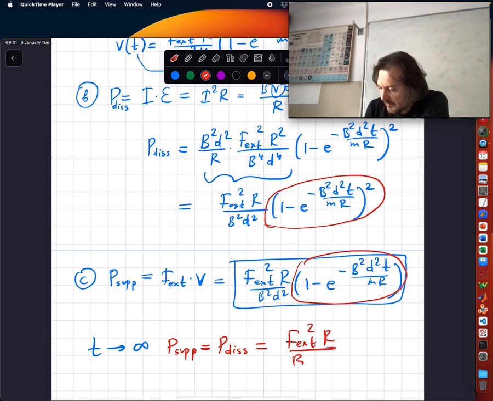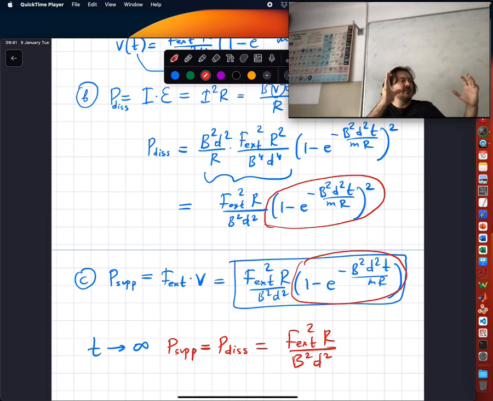And at that point, the object reaches the terminal velocity, okay? So all the supplied power goes to dissipation. It doesn't turn into mechanical energy of the loop, okay? Have we learned some physics from this as well?